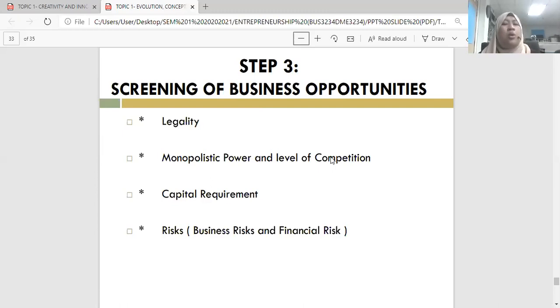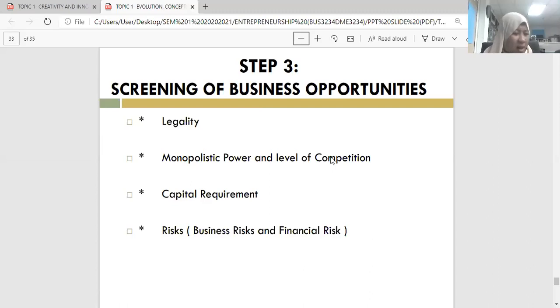And then we also have the last part, business risk and financial risk. Bear in mind, as an entrepreneur, if you don't have a risk, that is not an entrepreneur, because we're talking about high risk, high return, low risk, low return, moderate risk, moderate return. Kita ceritakan semakin tinggi risiko, semakin tinggi pulangan.